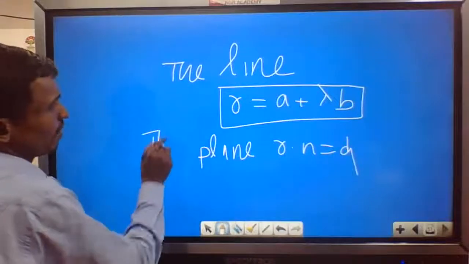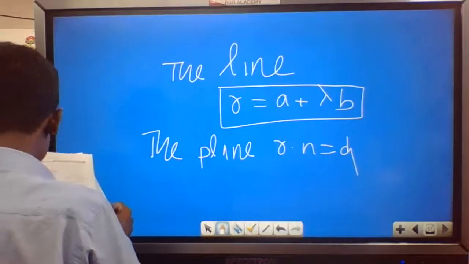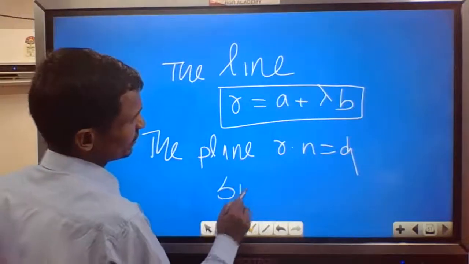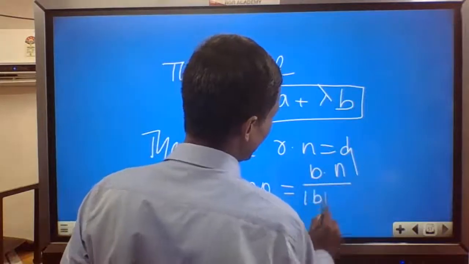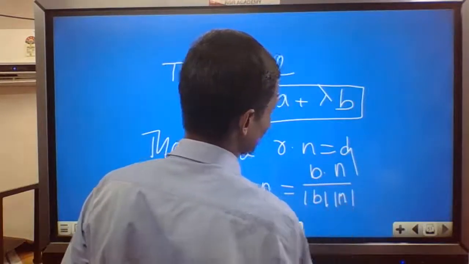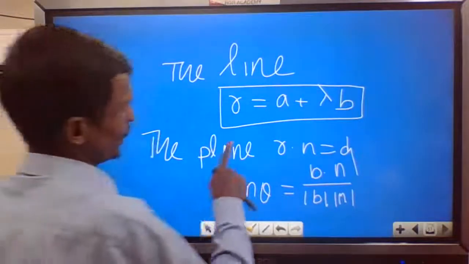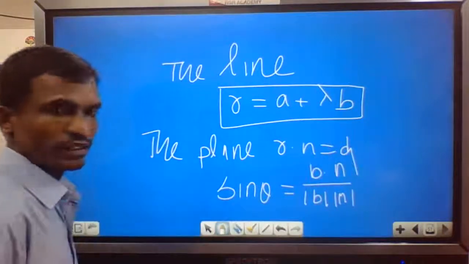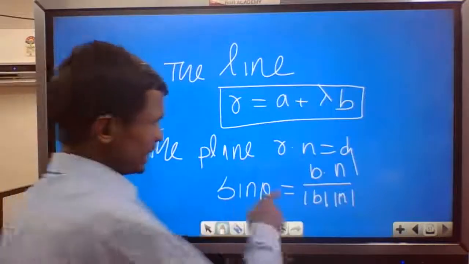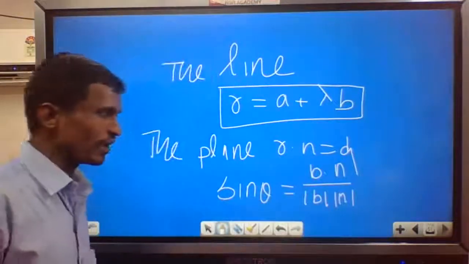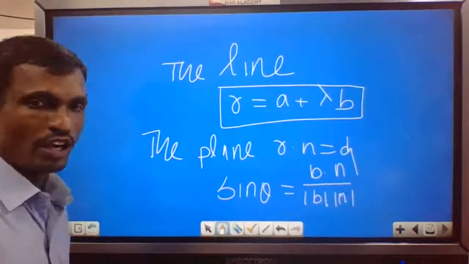Therefore, sin theta equal to b dot n divided by modulus b into modulus n. The line is r equal to a plus lambda b, the plane is r dot n equal to d, and sin theta equals b dot n divided by modulus b modulus n.